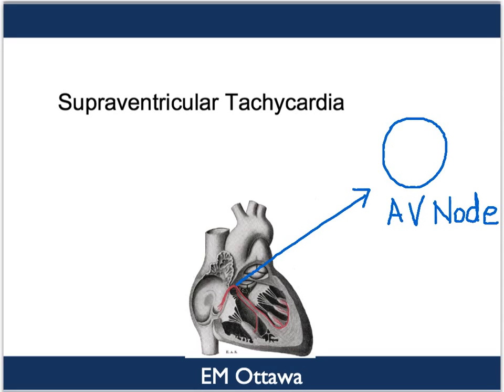In AV nodal reentry tachycardia, a reentry circuit has formed within the AV node. Every time the reentry circuit goes around the AV node, it stimulates it. And as the circuit keeps going around in circles, impulses are being transmitted down.